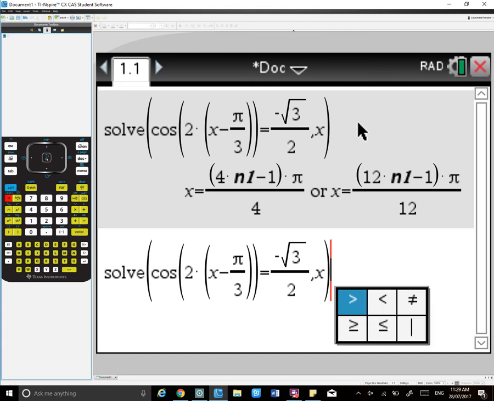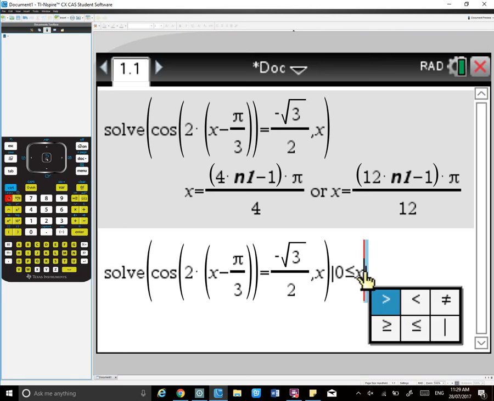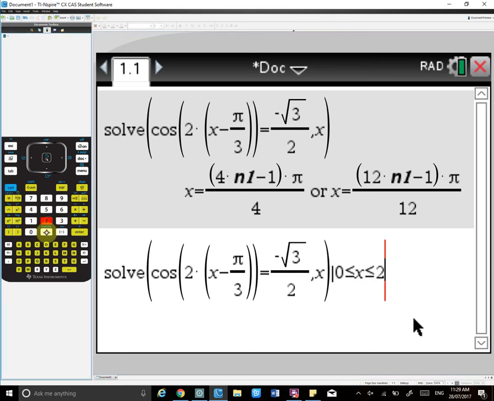If it's 0 to 2 pi, I will put a bar here, and then put the domain here. Oh, wrong, it's a smaller-or-equal sign. Put the domain here to tell the calculator I only want the possible x values between 0 and 2 pi.